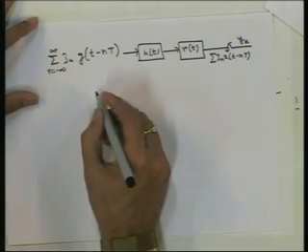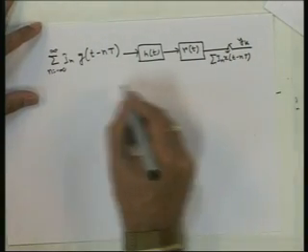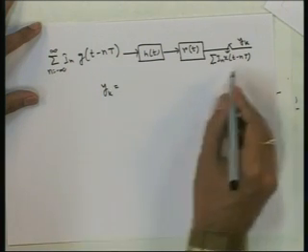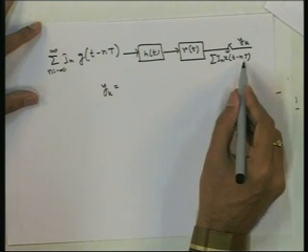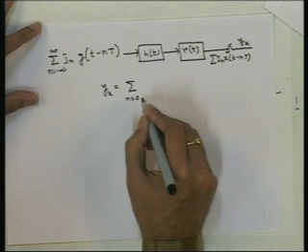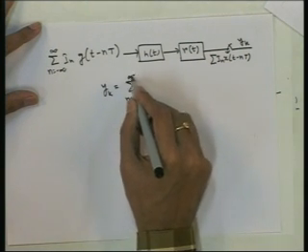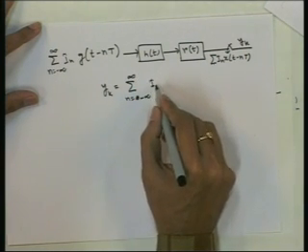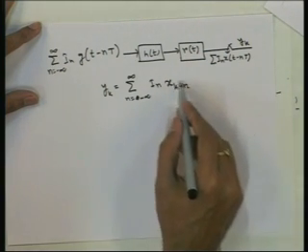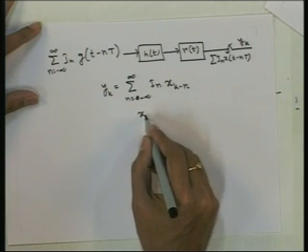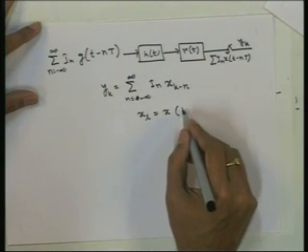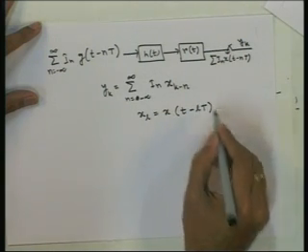Then what is y k? Y k is this signal sampled at k t. So, that will be summation n equal to minus infinity to infinity I n x k minus n, where x l is nothing but x sampled at LT seconds.